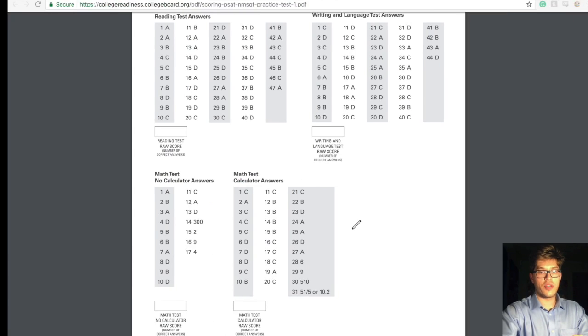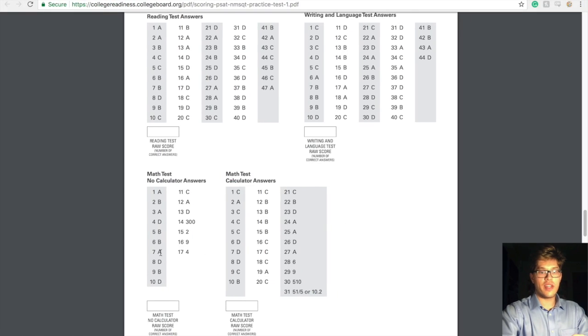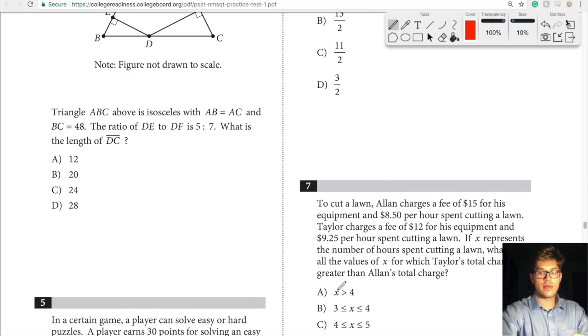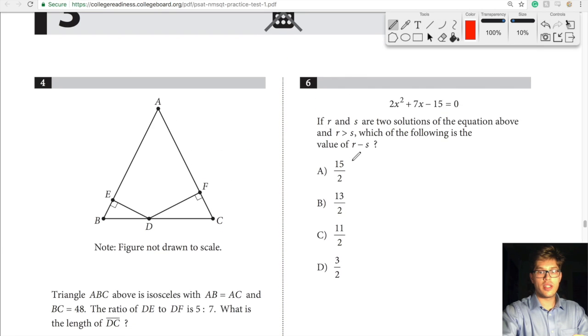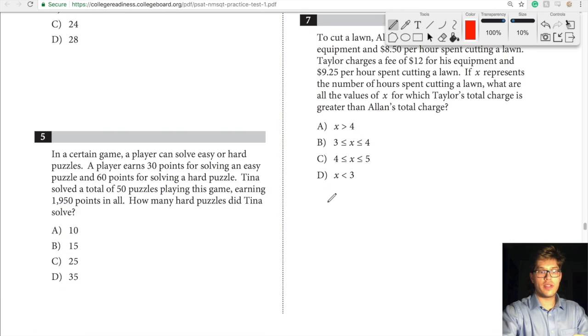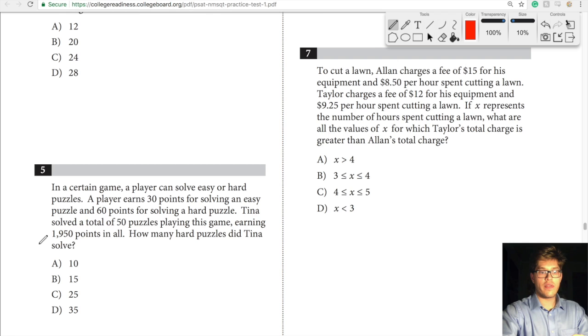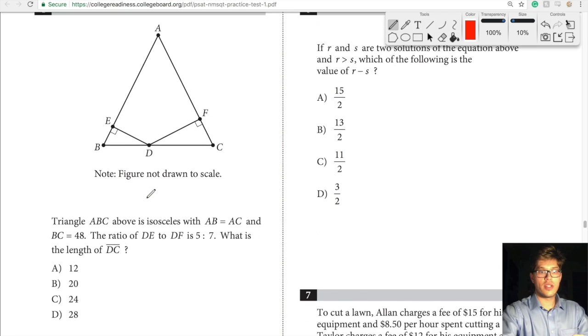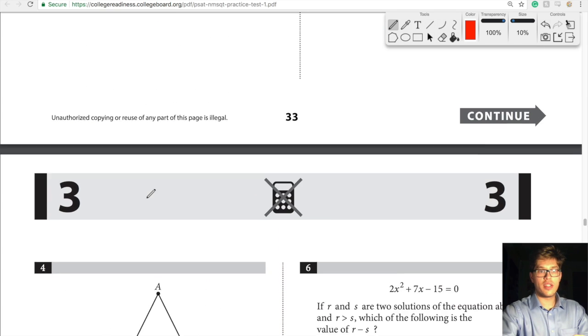Guys, I think we're going to make 100 on this one. 7. Okay, so going backwards. A, B, B, D, A, B, A. This was A. 7 was A. This 6 was B. What was 5? 5 was B. 4 was D. All right.